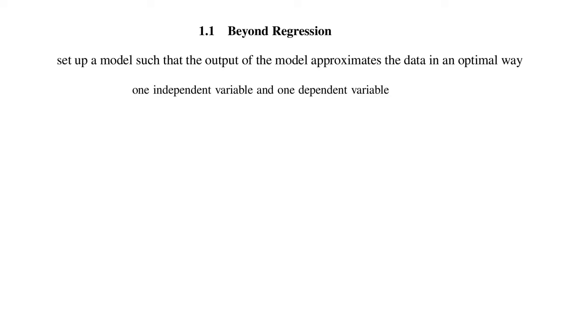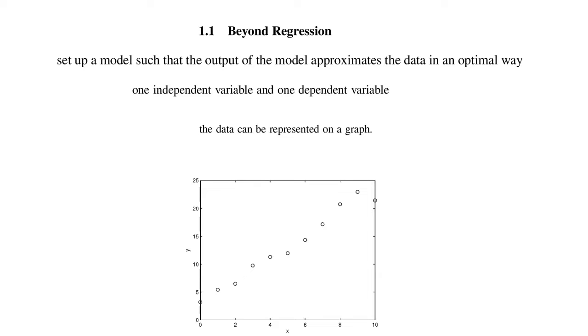In the simple case where you've got one independent variable and one dependent variable, real numbers in, real numbers out, then we can represent the data on a graph. Say it looks something like that. So you've got data readings here. This is the x value, the independent variable, and the y value, the dependent variable. Input, output, input, output. And we'd like to know what is the relationship between the inputs and the outputs.